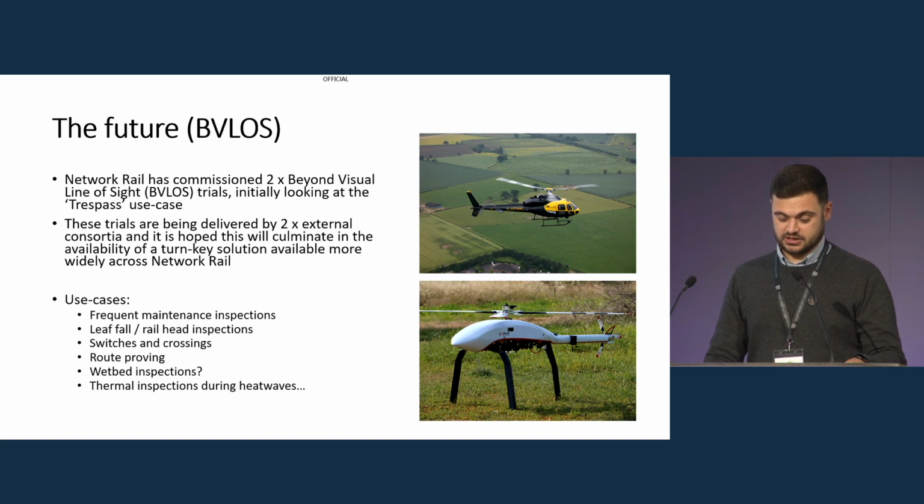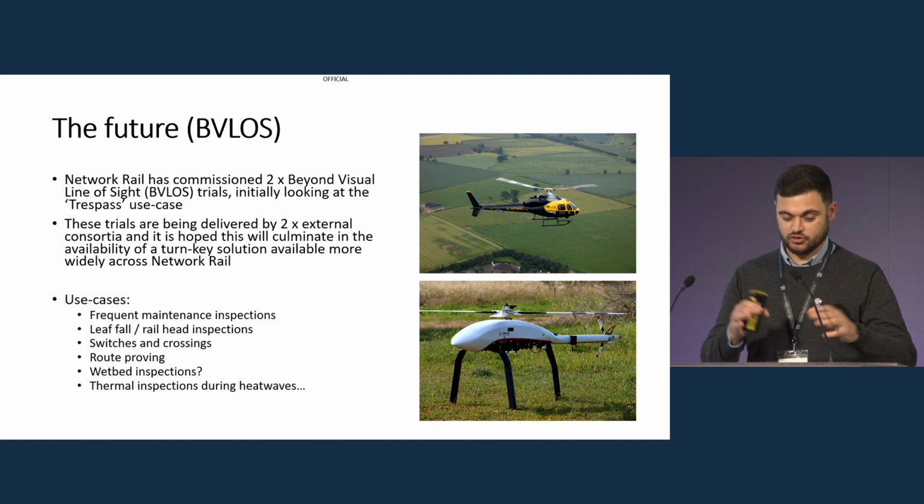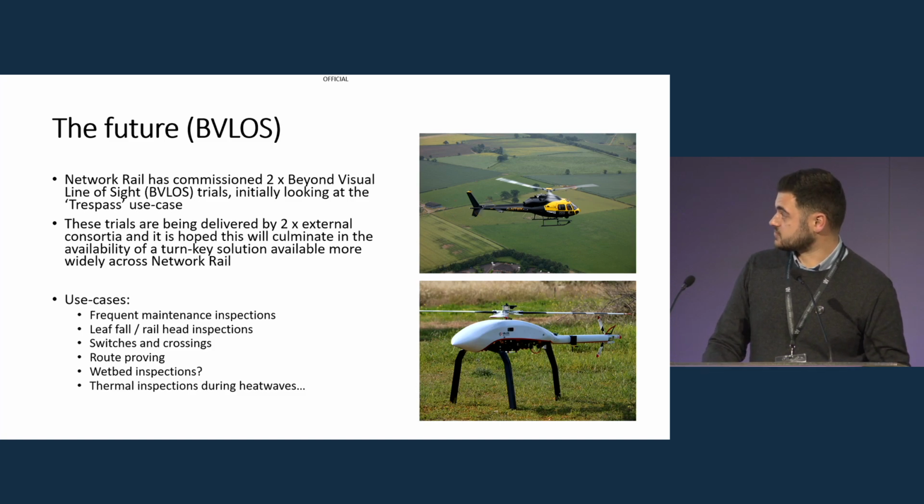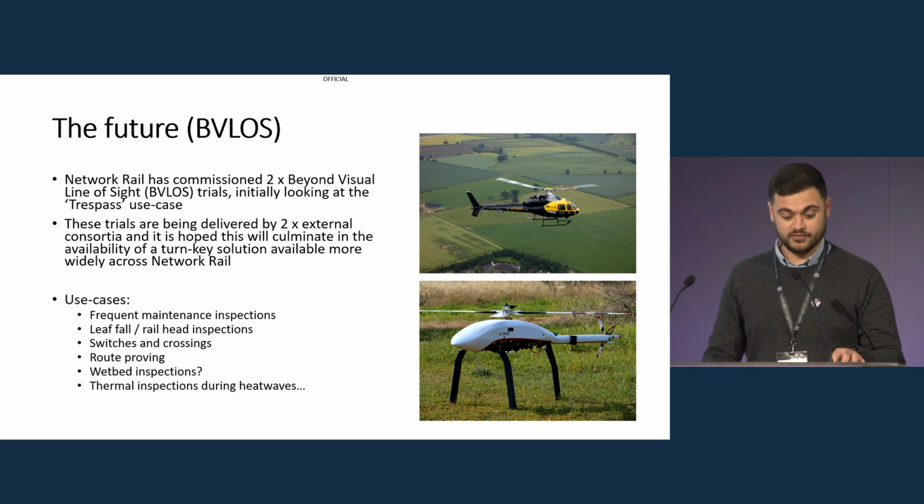The wider idea is that we'll be using platforms that can have other payloads fitted to them. Some drones that we'll be using can carry a total weight of up to 25 kilos, if not even heavier potentially. I think there are a number of potential areas where we can do other work, either with the same assets used for trespass response or with dedicated assets in the future, collecting data of the rail corridor.